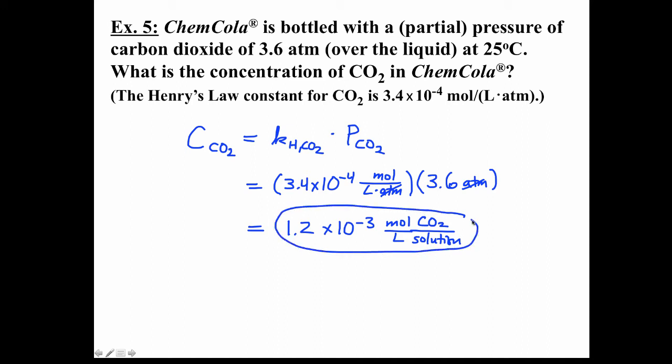And so there's one way to write the answer. I'll just note we could also write it in non-scientific notation, and we could also use the molarity symbol, capital M, instead. So this would be an alternative form of the answer.